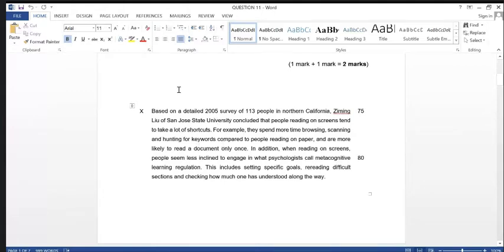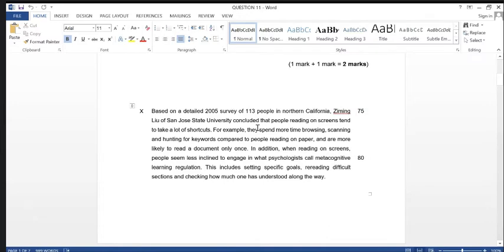Let's read together. Based on the 2005 survey of 113 people in Northern California, San Jose State University concluded that people reading on screen tend to take a lot of shortcuts. That is their conclusion. All right.